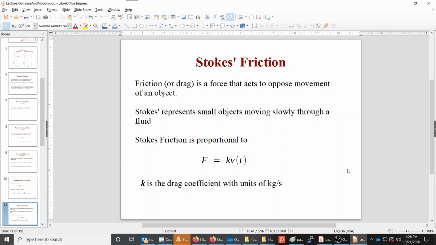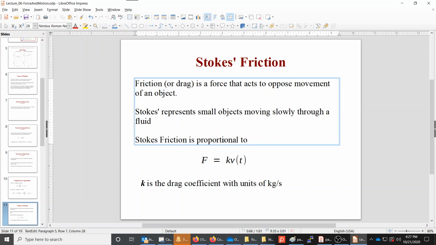Friction, also known as drag, is a force that is acting in the opposite direction of movement. So it doesn't matter which way you move, you're going to have some friction, which is going to be opposing that direction of movement. And the thing about friction is it's proportional to velocity.